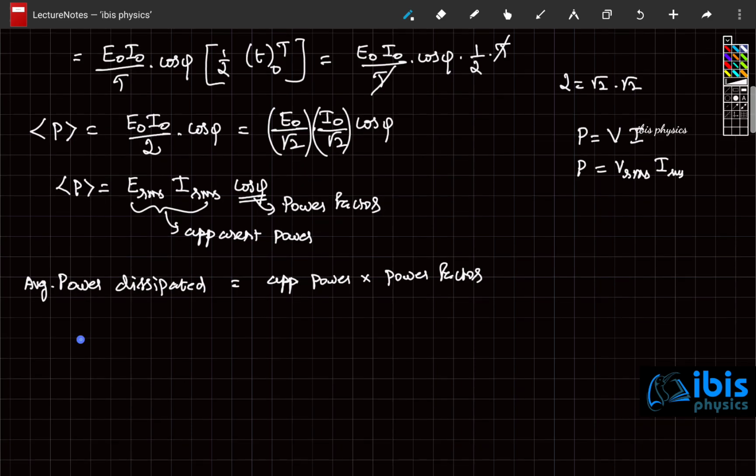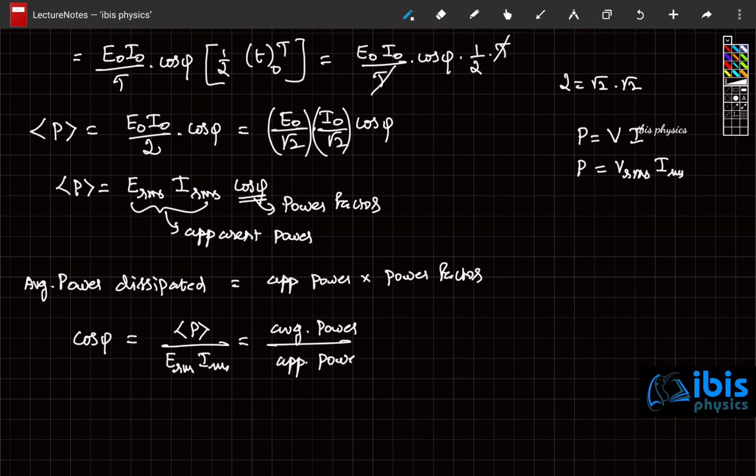In other words, you can define the power factor cos phi as the average power dissipated to apparent power, ERMS IRMS. So the ratio of average power to apparent power dissipated in a circuit is called the power factor.